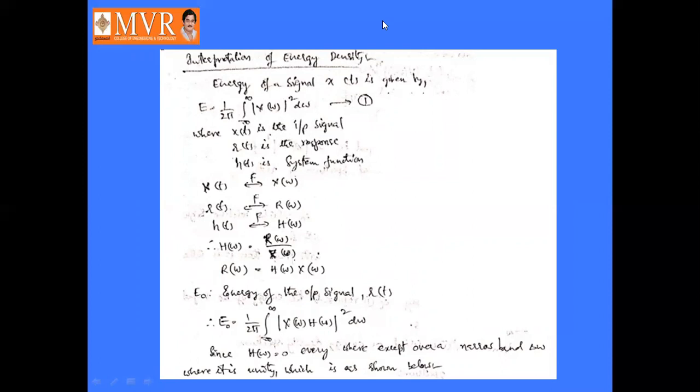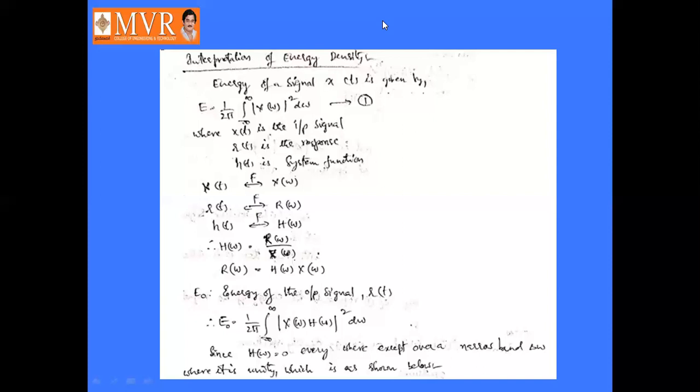By taking the Fourier transform of these three functions, the Fourier transform of x(t) is X(ω), of r(t) is R(ω), and of h(t) is H(ω). Now H(ω) will become the ratio of R(ω), the response, to X(ω), since R(ω) equals the product of H(ω) and X(ω). Let E₀ be the energy of the output signal r(t). So E₀ = 1/2π ∫ from −∞ to ∞ |X(ω)H(ω)|² dω.